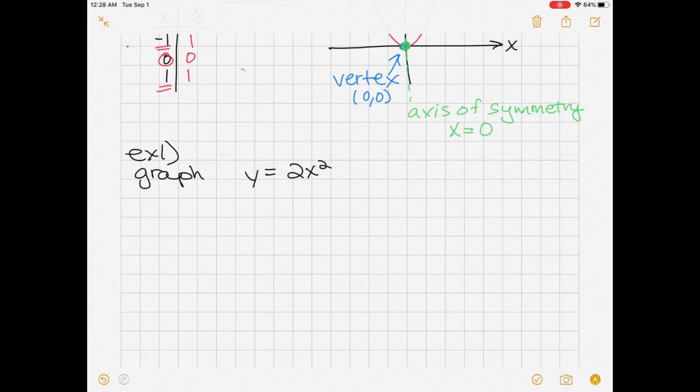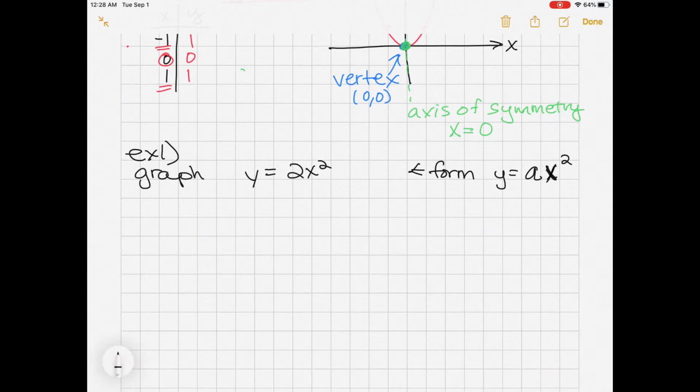It's obviously going to change this form, and we call this the form y equals a times x squared, because x squared is our parent function, but we are multiplying it by a coefficient, a. In this case, the 2 is our a value.